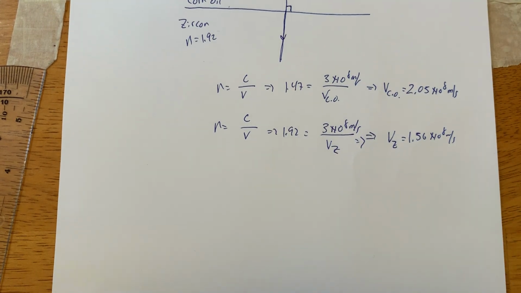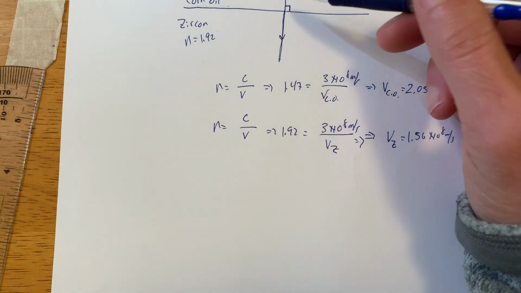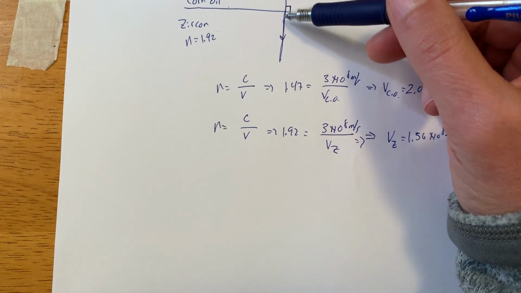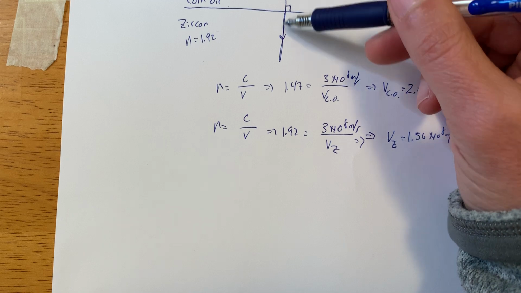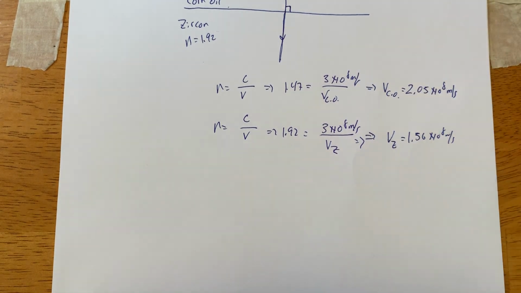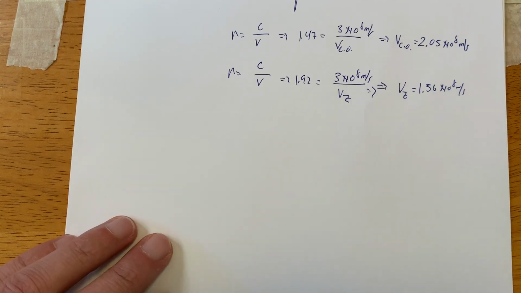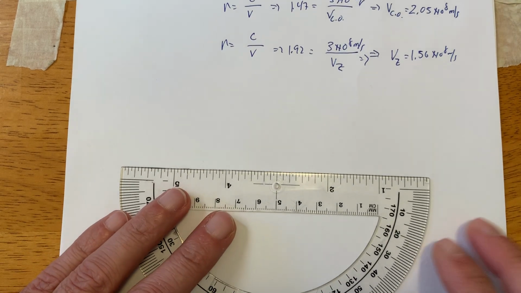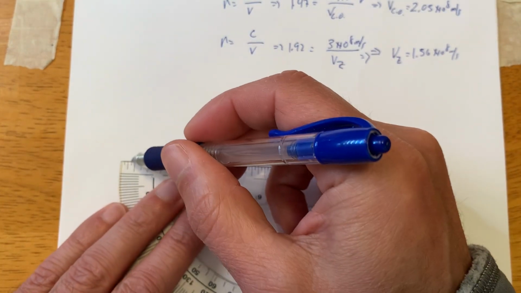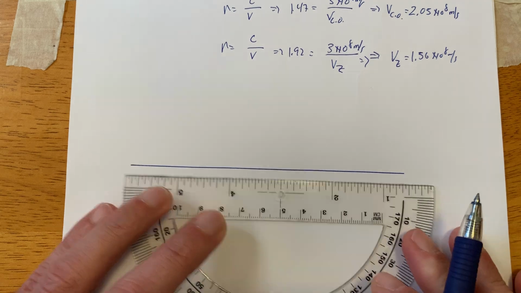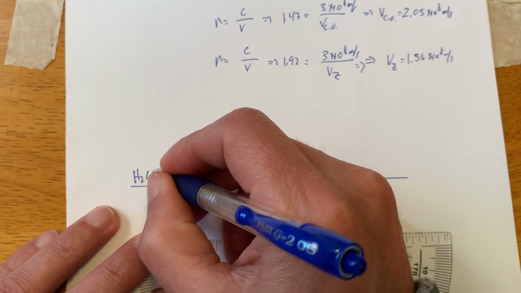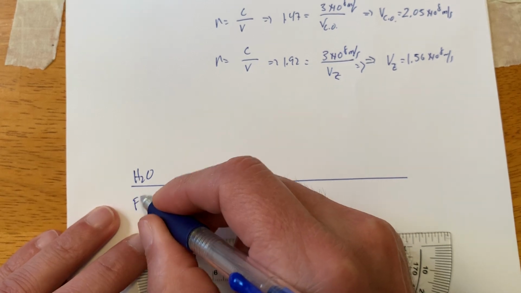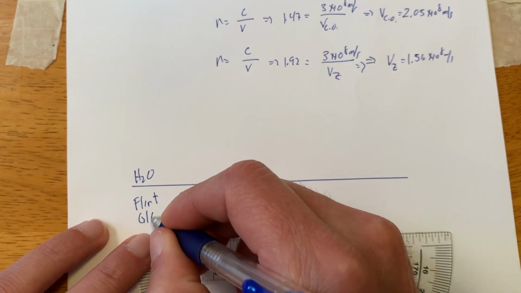Okay? Now, I want to be specific here for a second. Now, let's look. I actually was very, very careful about what I did here. I drew this line coming in at the normal. So what's going to happen if I come in at an angle other than the normal? Let's just make stuff up. So let's say I have H2O, and let's say I have flint glass, okay?